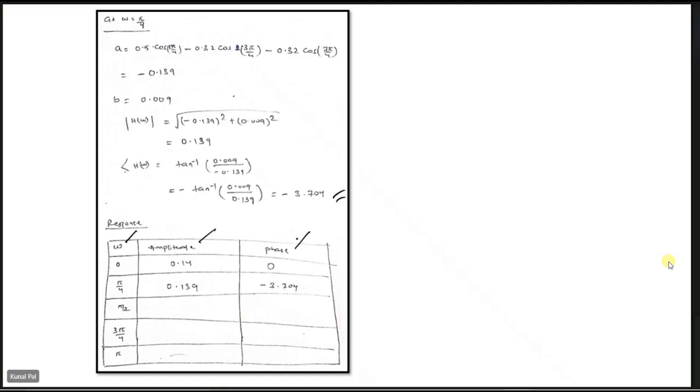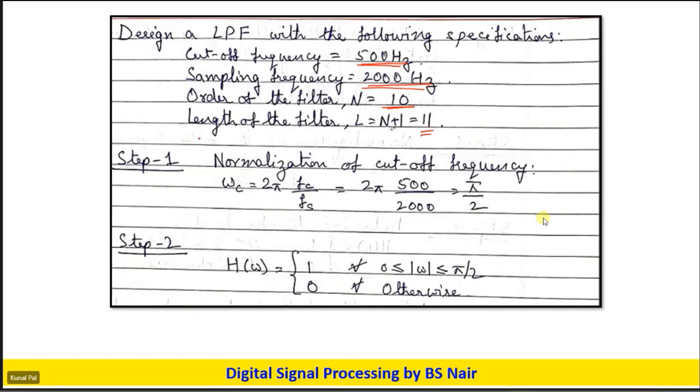In this kind of problem, you first have to normalize the cutoff frequency, where the normalization is carried out using omega c equals 2 pi fc by fs, where fs is your sampling frequency and fc is your cutoff frequency. You then get 2 pi times 500 by 2000, which is nothing but pi by 2.